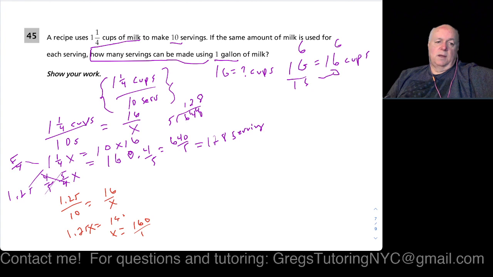Okay, it's the same thing, so we have to do 1.25 into the 160. I would need to move this once, twice. I need to move this once, add a 0, twice, add a 0. So I actually have 125 going into 16000.